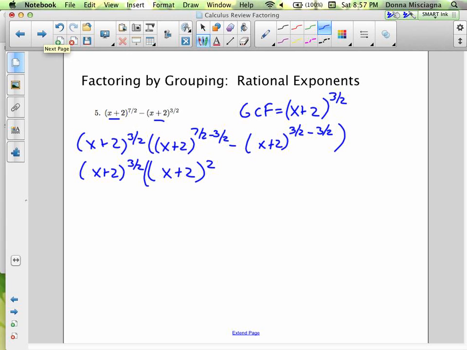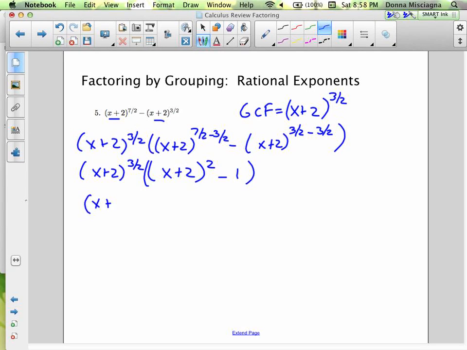And then x plus 2 to the 3 halves minus 3 halves, that's 0. Anything to the 0 power is 1, right? Obviously, x plus 2 to the 3 halves divided by x plus 2 to the 3 halves is just going to be 1. All right? We should simplify that out.